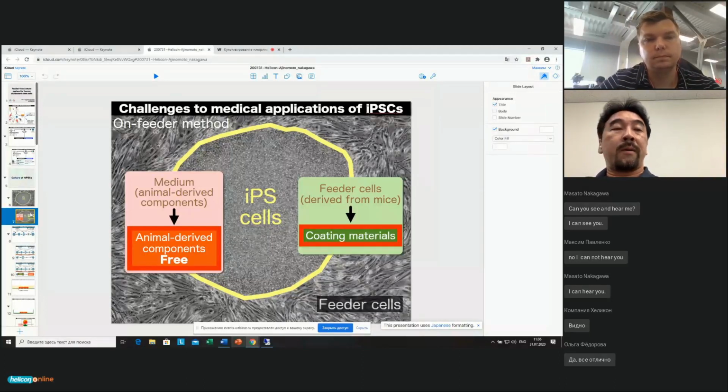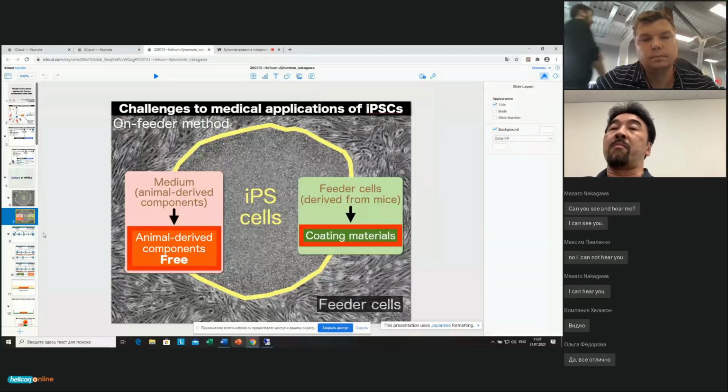The medium includes FBS, fetal bovine serum, and the feeder cells are derived from mice. So both materials contain animal-derived components. Using these animal-derived components, there are several risks for clinical application.